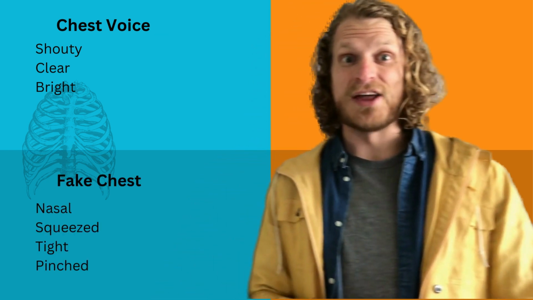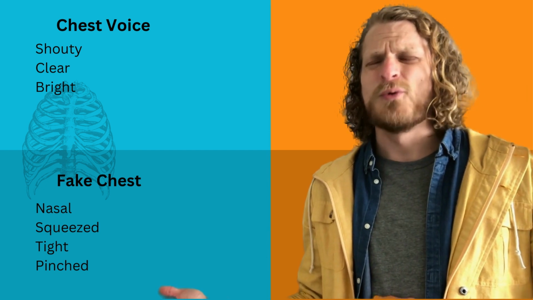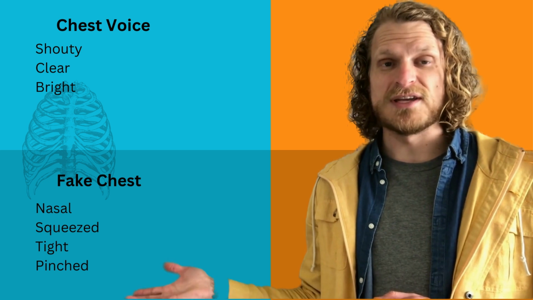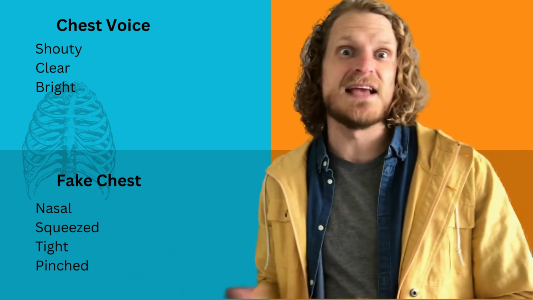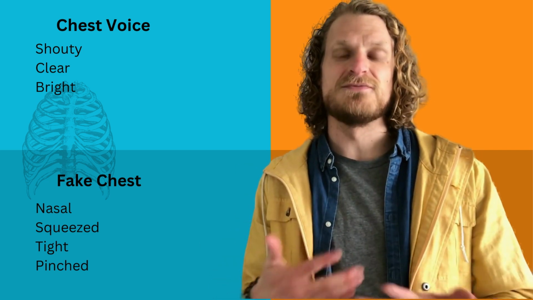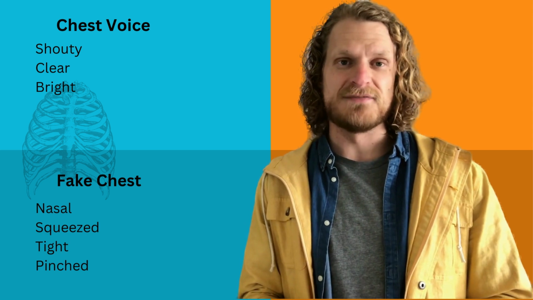Now, on the other hand, we're going to come down into this corner and we'll talk about what I like to call fake chest voice. A singer down here may be engaging their thyroarytenoid muscles, but they haven't developed the muscle to its fullest extent to be able to really project and have the shouty clarity that we love to hear in singers.